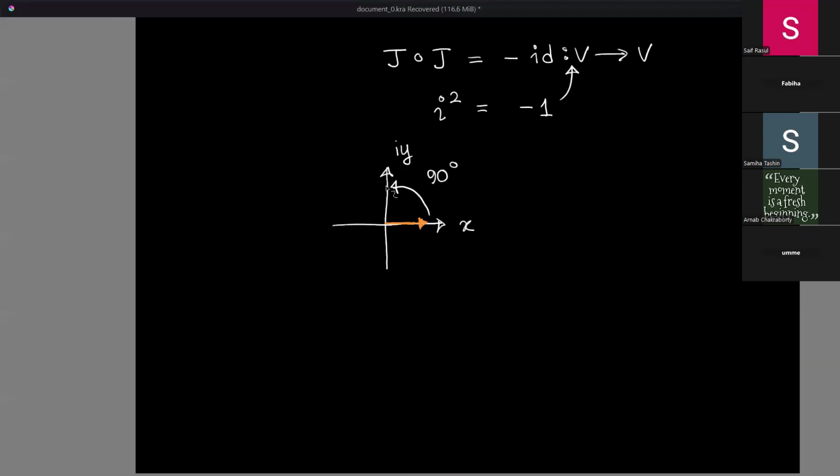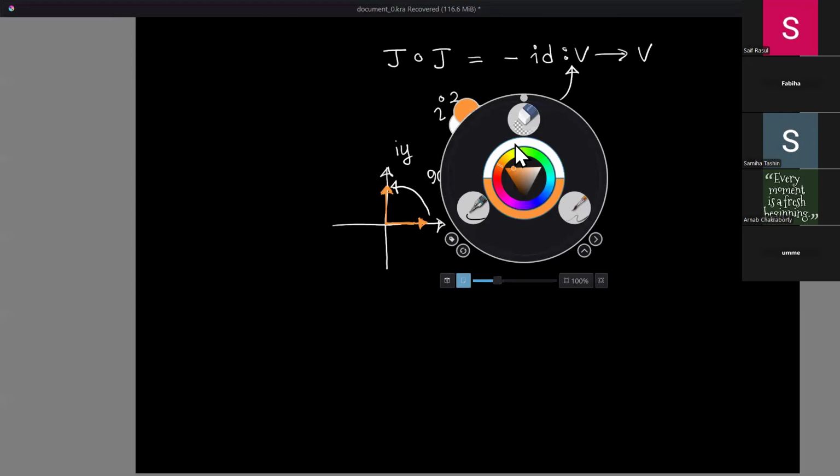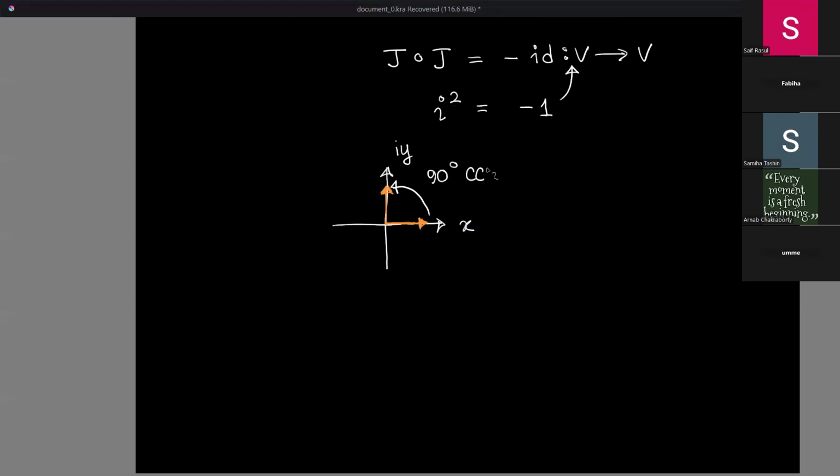It'll take my arrow that's pointing along the x-axis, or the real axis, and rotate it 90 degrees counterclockwise, and it'll give us an arrow that is pointing along the imaginary axis.